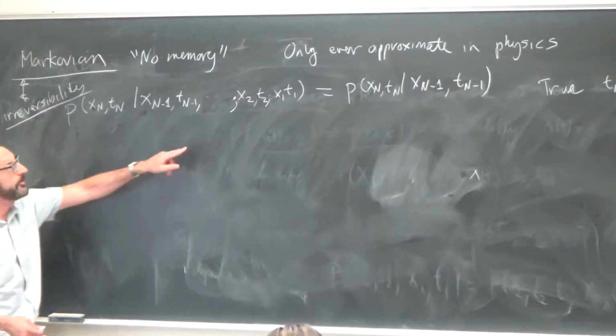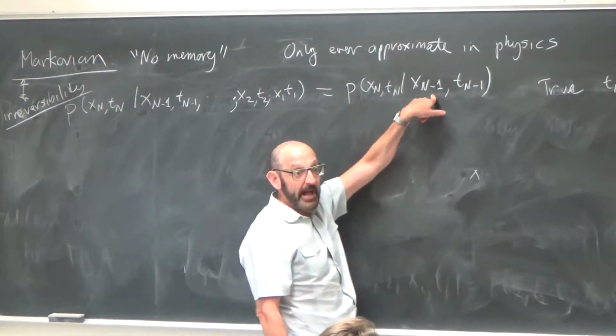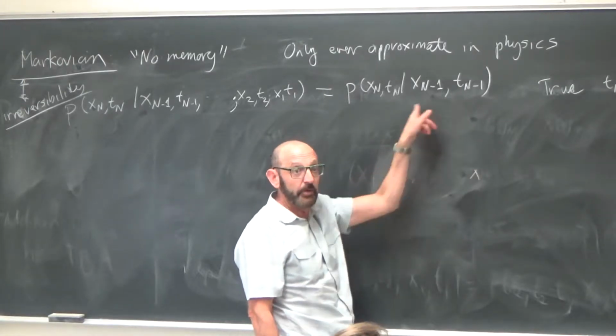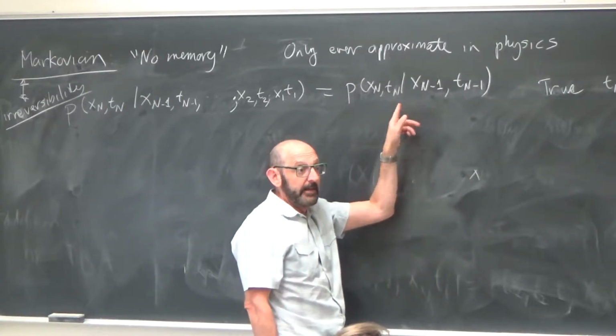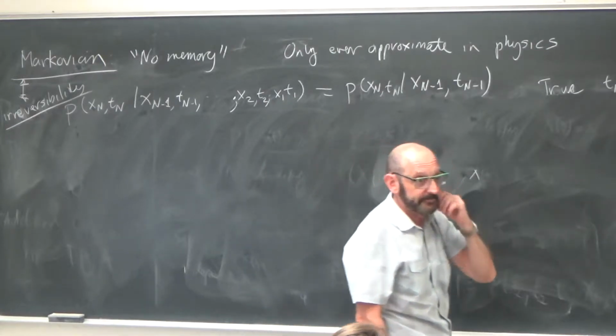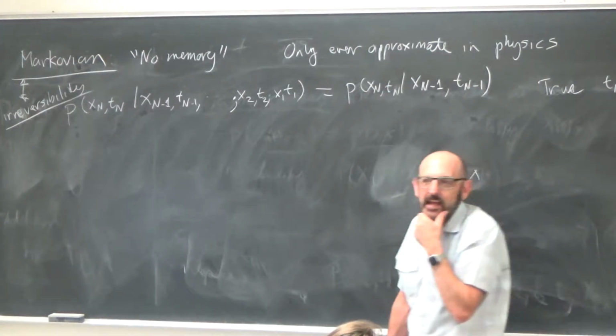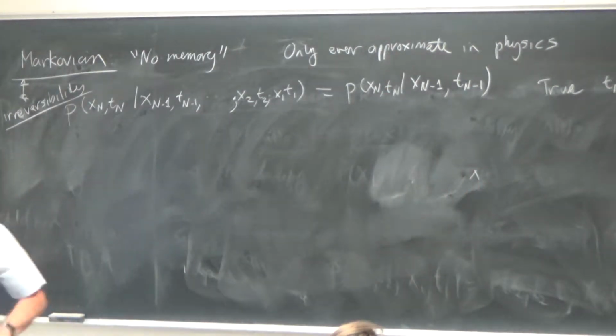So there's no way to go back to the previous step after one step has occurred. It has all been erased if it's truly Markovian. Of course, no such thing exists, but we can have something that approximates that.